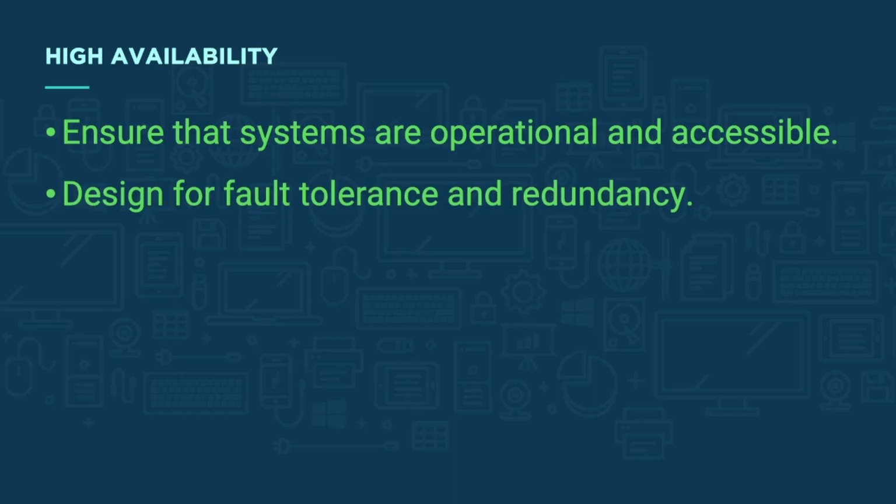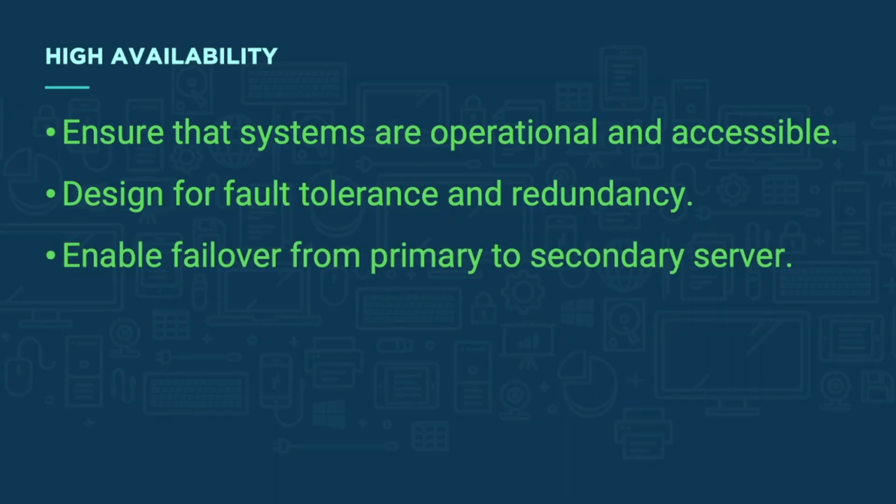In a high availability setup, redundant hardware components, such as power supplies, hard drives, and network interfaces, reduce the risk of failure by allowing the system to continue functioning if one component fails. Servers are often deployed in clusters or paired configurations, which allows automatic failover from a primary server to a secondary server in case of an issue.